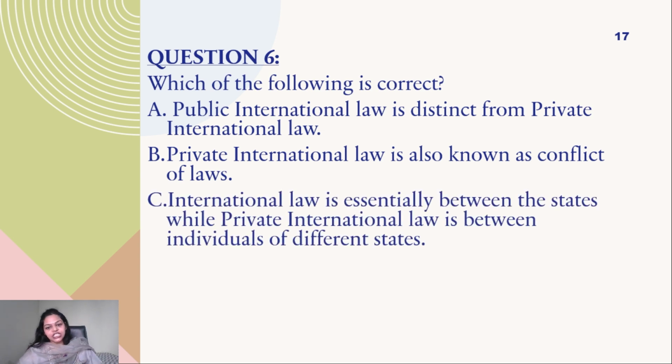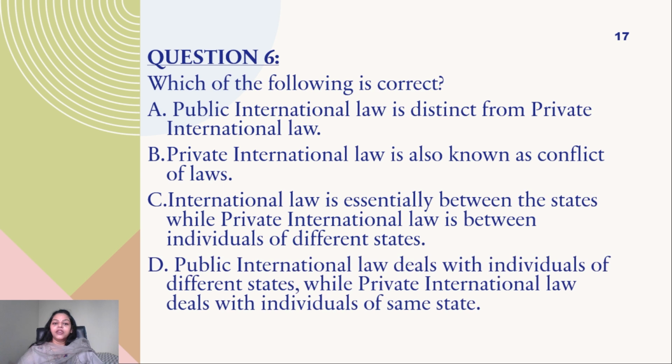Public international law is essentially between the states, while private international law is between individuals of different states. Yes, we discussed this as well. D. Public international law deals with individuals of different states, while private international law deals with individuals of the same state. D is completely wrong.